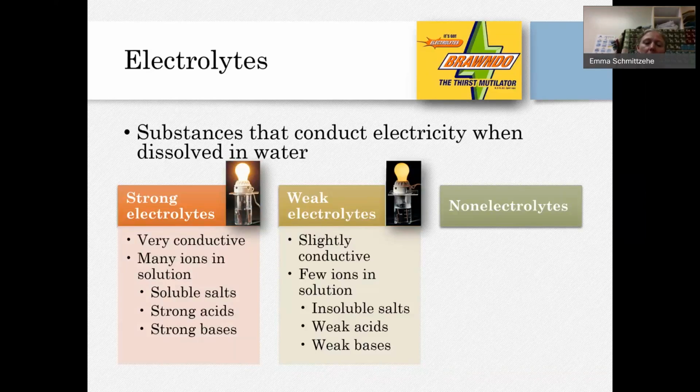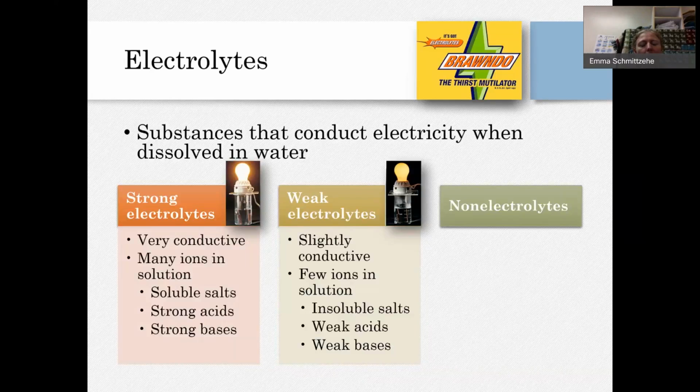So the insoluble salts, we use that term insoluble, and typically people would think that means that it doesn't dissolve at all. Really, an insoluble salt is always going to partially dissolve, but so little of it does, we classify it as insoluble.